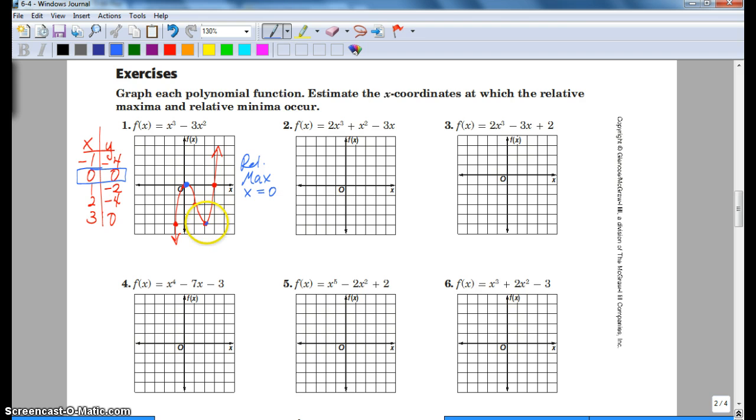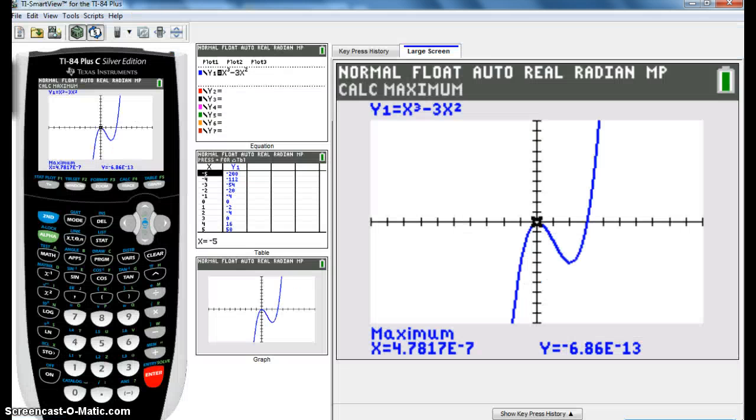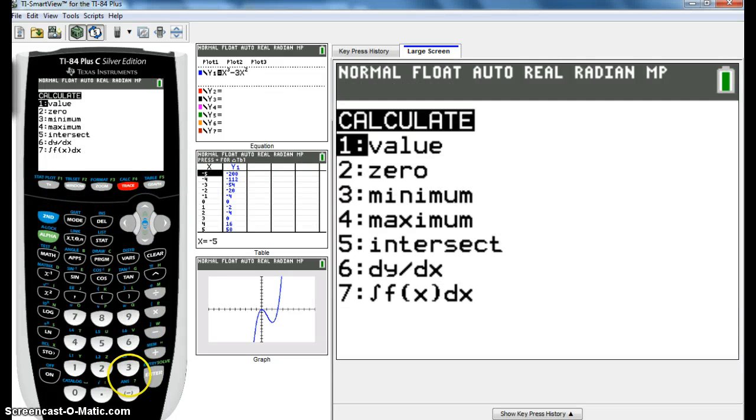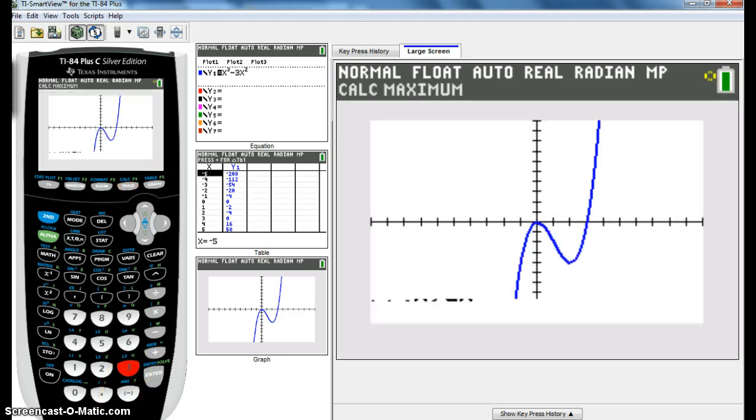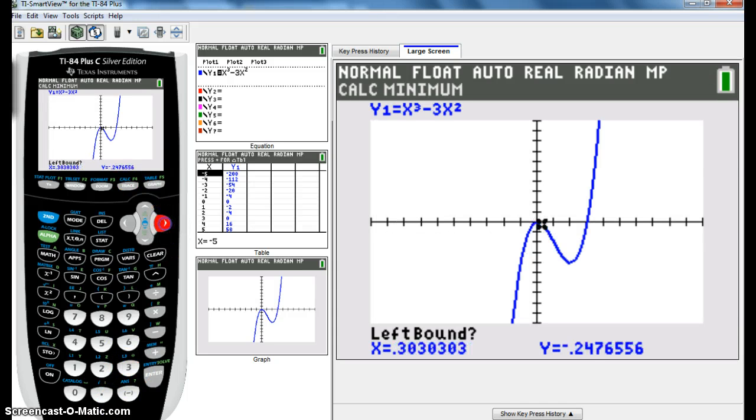And then this particular point down here, we're predicting it's 2, -4. But to prove it, we'll go ahead and use the calculator, hit second trace, option number 3 for minimum, scroll to the right. I'll stop my cursor, let's say there. I want to be to the left of the min value, so hit enter.